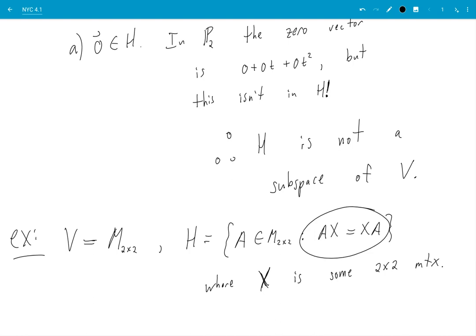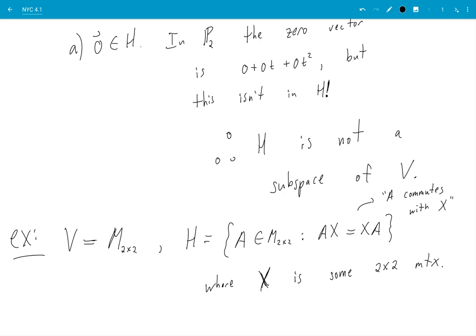This equation tells us, in English, you could say the word is commutes with X. So that's the term that says A and X, you can switch the order when multiplying.